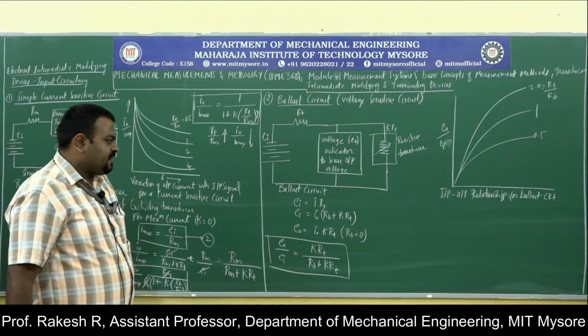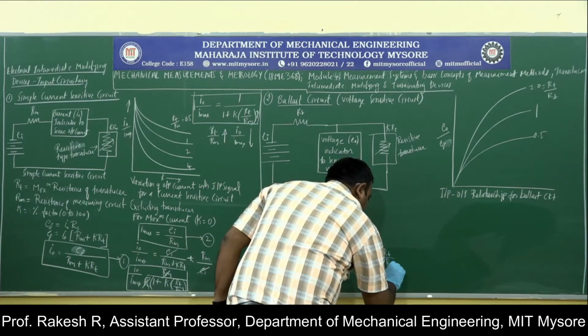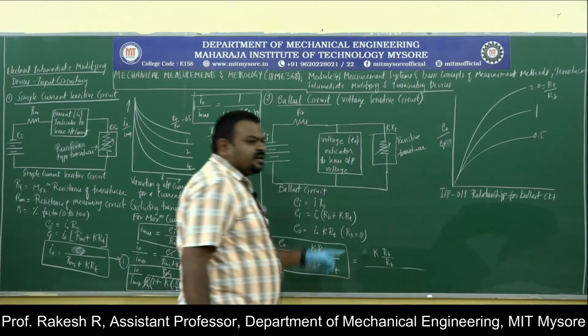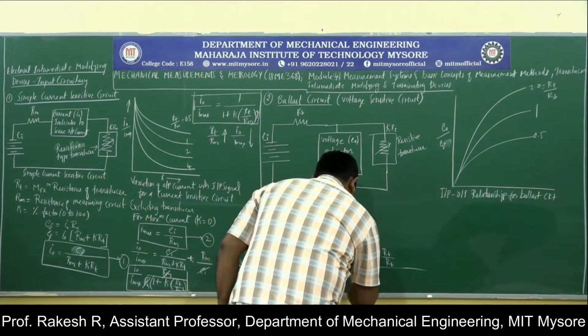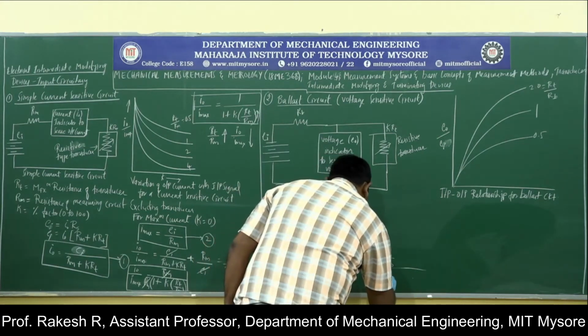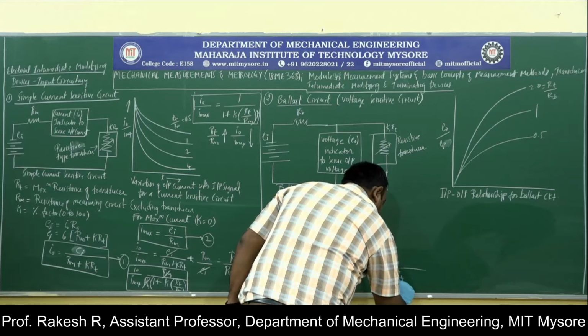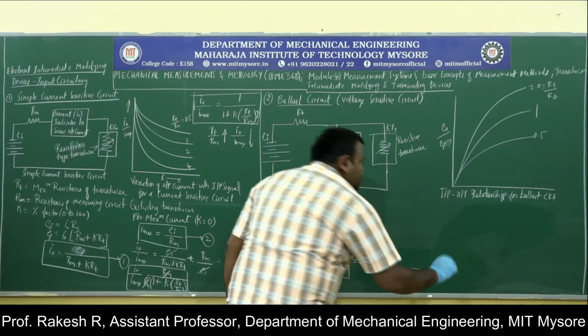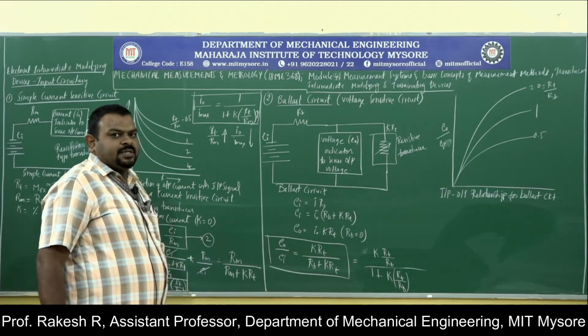Again, I will simplify this. I will take RB as the common factor in the denominator, so RB goes inside, and it will be 1 plus K into RT by RB.